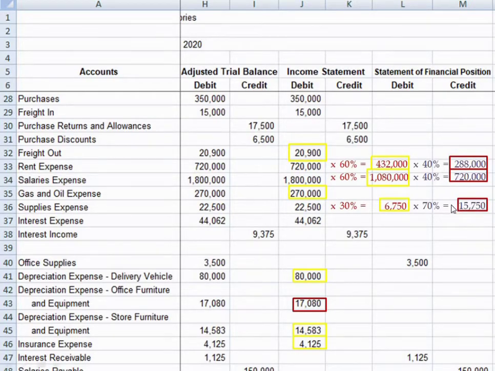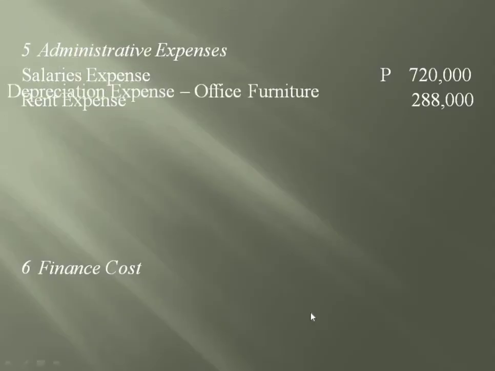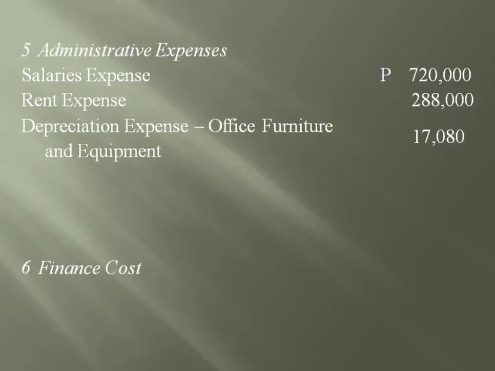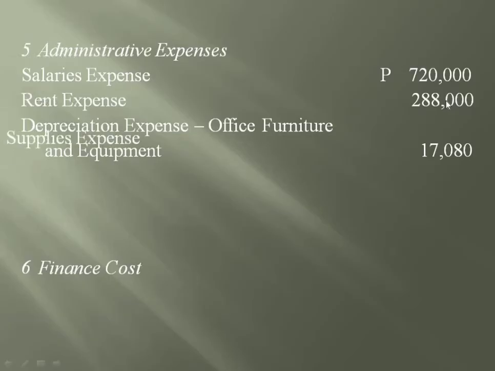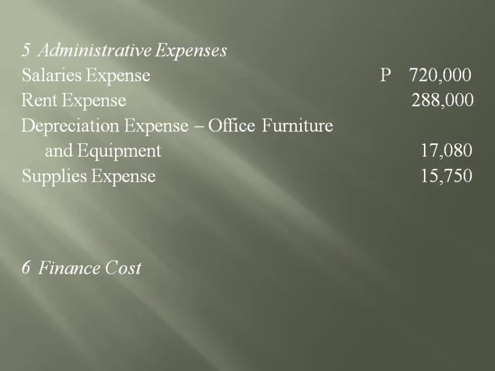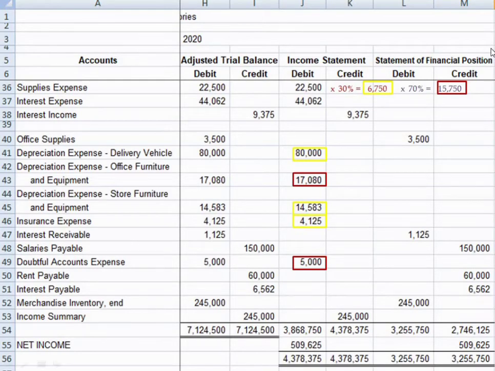Then, depreciation expense, office furniture and equipment. $15,750 supplies expense. And doubtful accounts expense.